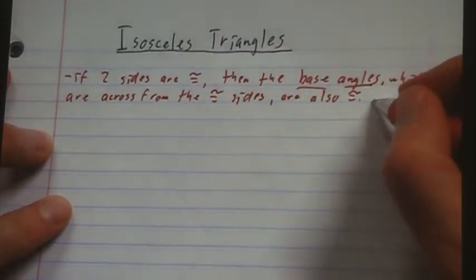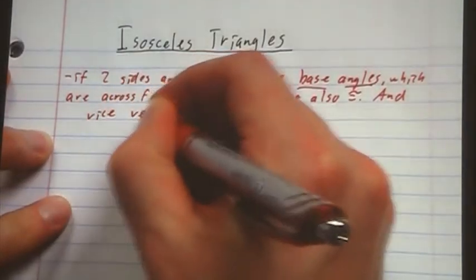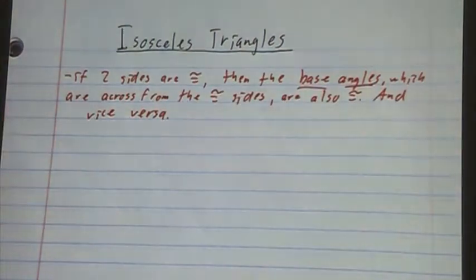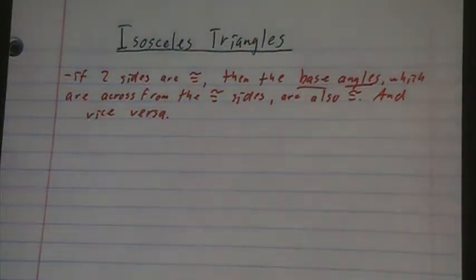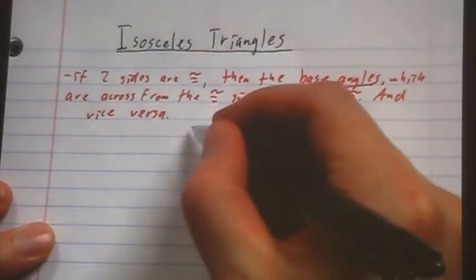And vice versa. Vice versa means if you got two congruent base angles, then you know that the sides across from those angles are congruent. And I'm going to show you what I mean here.